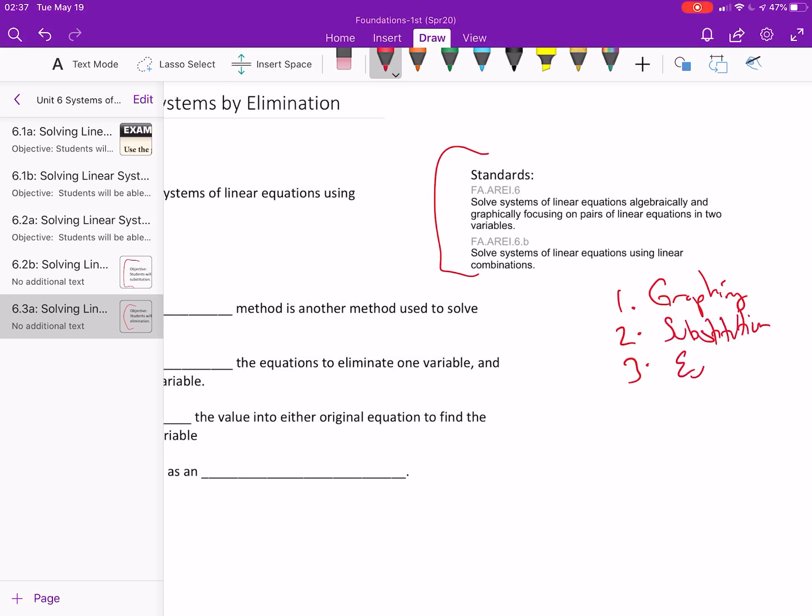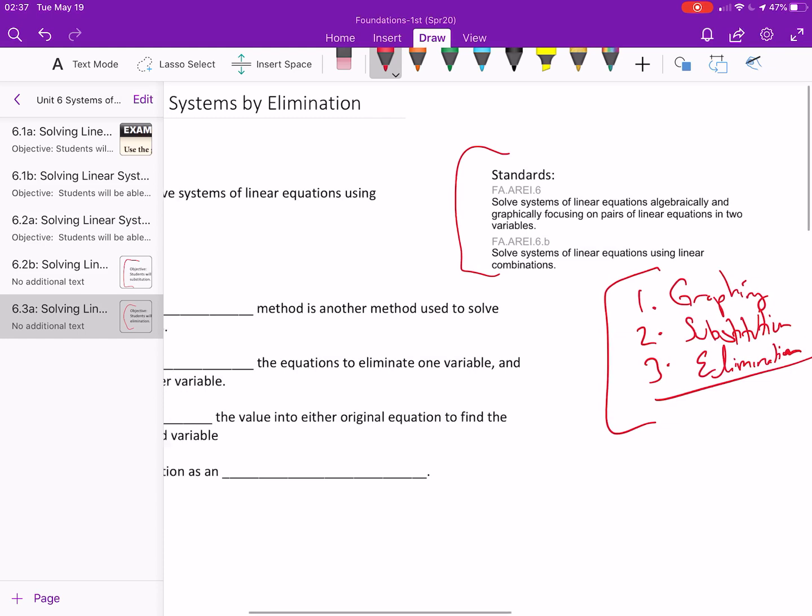And method 3 is solving by elimination. Now, there are other methods to be able to solve by. We could solve by matrices, and we could solve by what's known as Cramer's rule, which is a method that you would learn if you take calculus. But the three that we are focusing on for this unit, for Algebra 1, is graphing, substitution, and elimination.